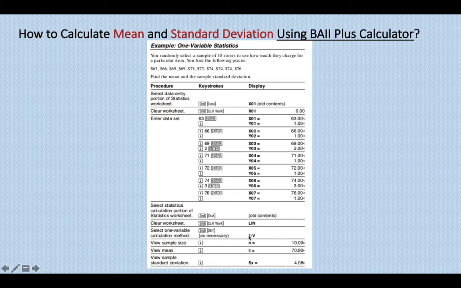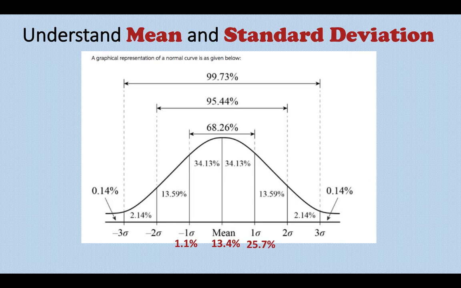Once you find 1-V, you just scroll down. Then it gives you n, the mean and the standard deviation. So basically, this is how you calculate the mean and the standard deviation using the BAII Plus calculator. I believe I have a video on this, so you can watch that.